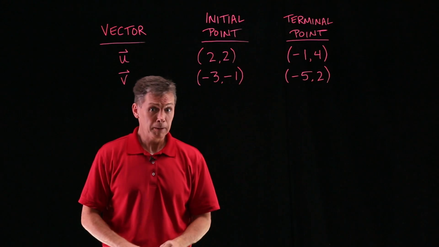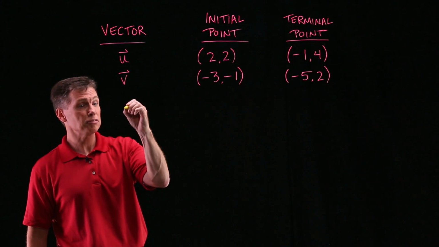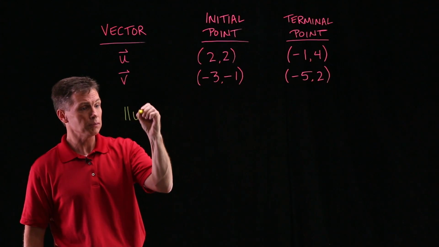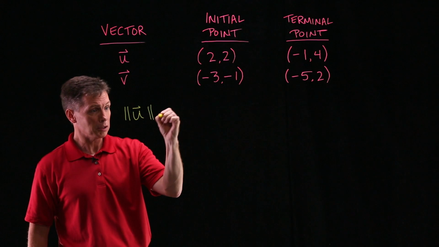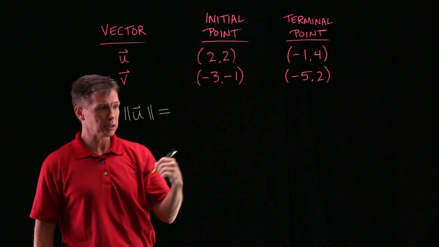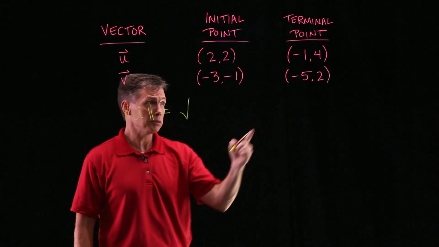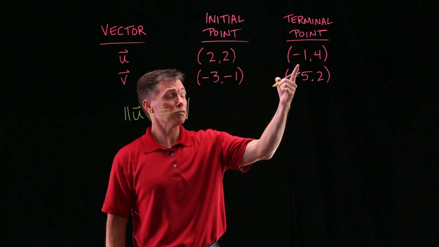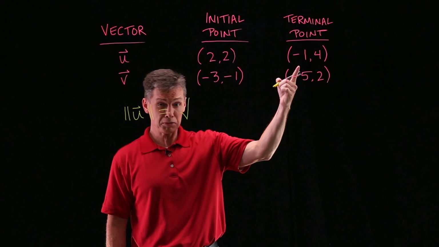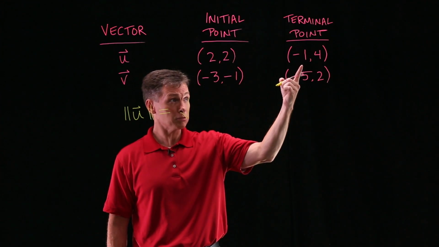So let's see. I'm going to find the magnitude of my first vector, u, which is what we're practicing: how do you find magnitude? It's the square root of, and then I take the x-coordinate of each of these points and subtract them from each other.